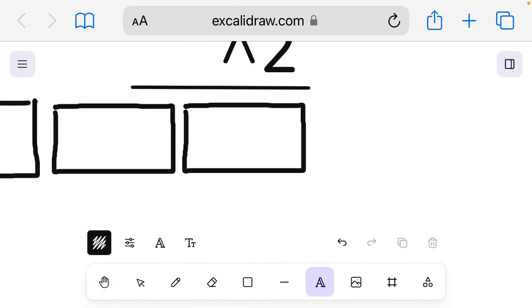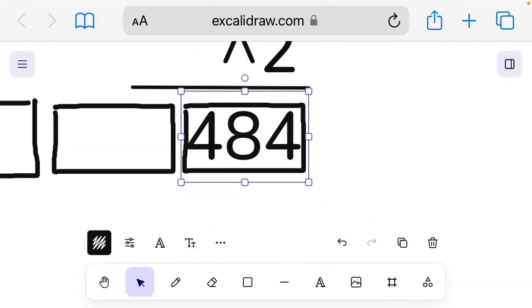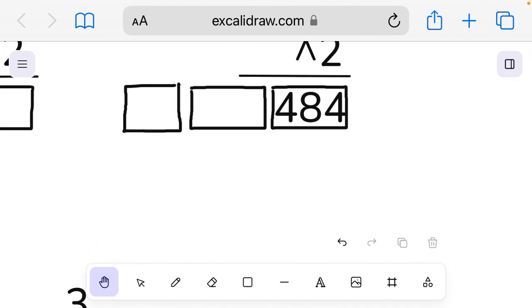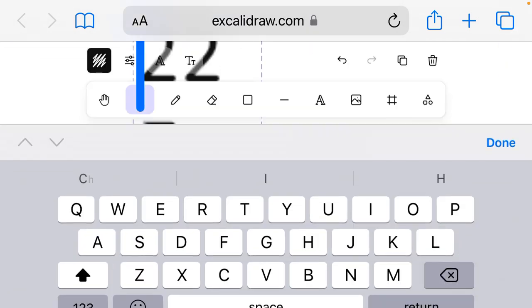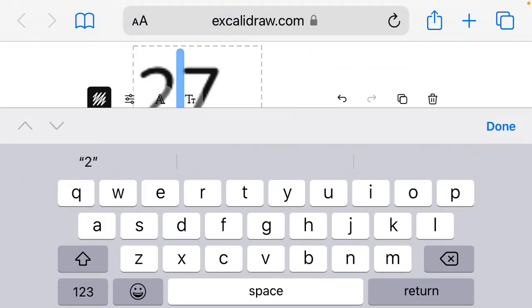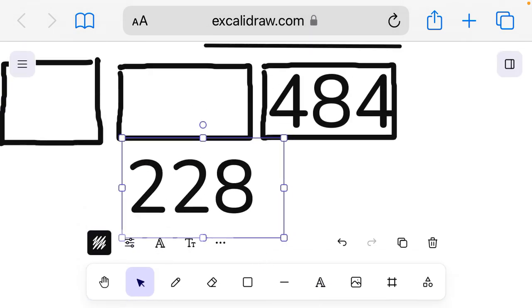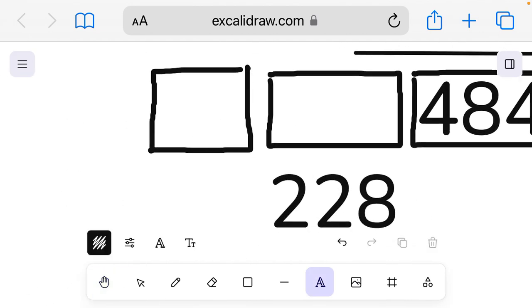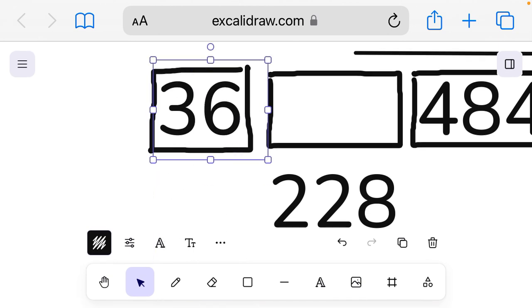So you write 484 there in the first box, but you carry the 228 under the second box. Oops, not 227. I mean 228. There, that's better. And now for 6 squared, it's 36. So you write a 36 here.